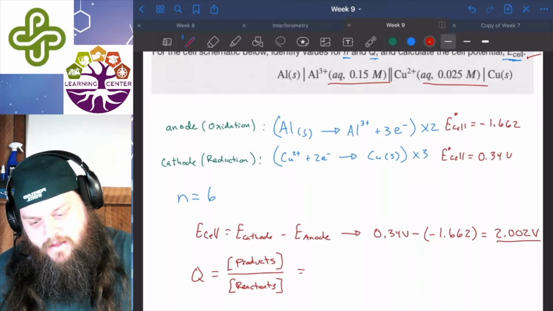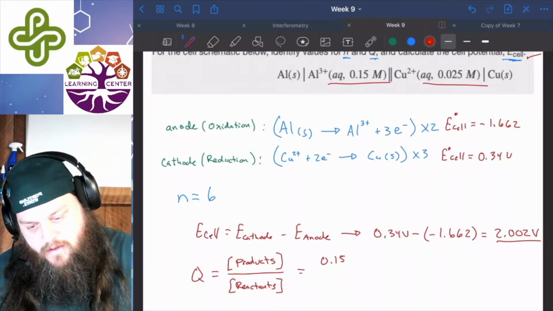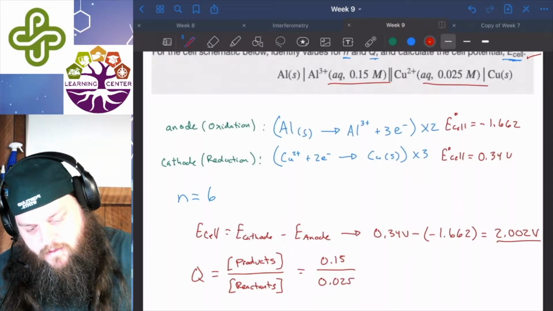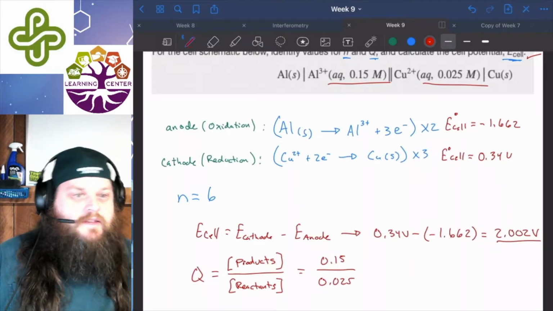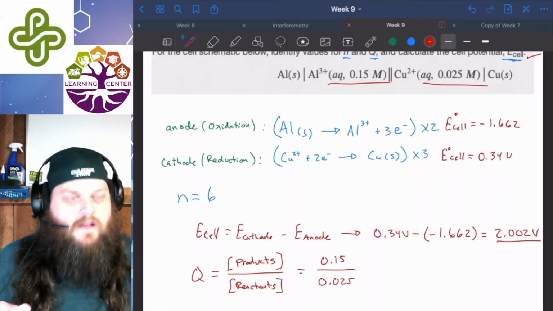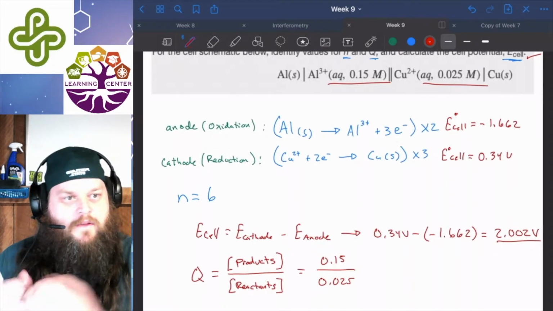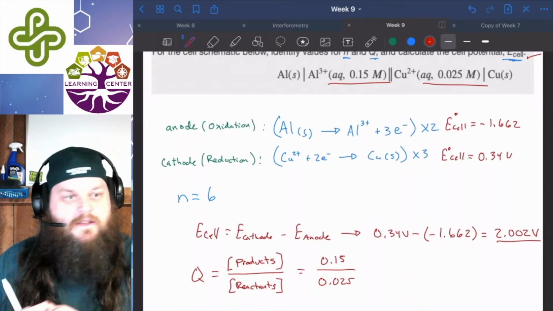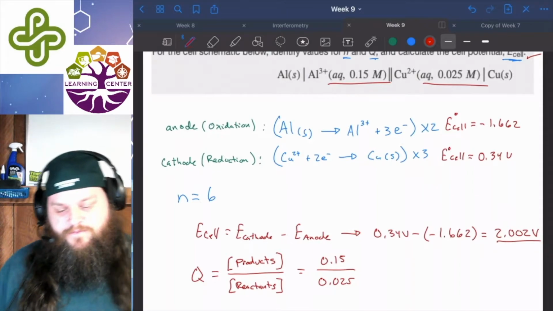So we can see that that concentration is 0.15 divided by 0.025. And I know that the aluminum 3 plus is the product because it's being oxidized, right? So when we write this left to right, we're going to start out with that aluminum solid on the reactant side, and it's going to turn into aluminum 3 plus on the product side.